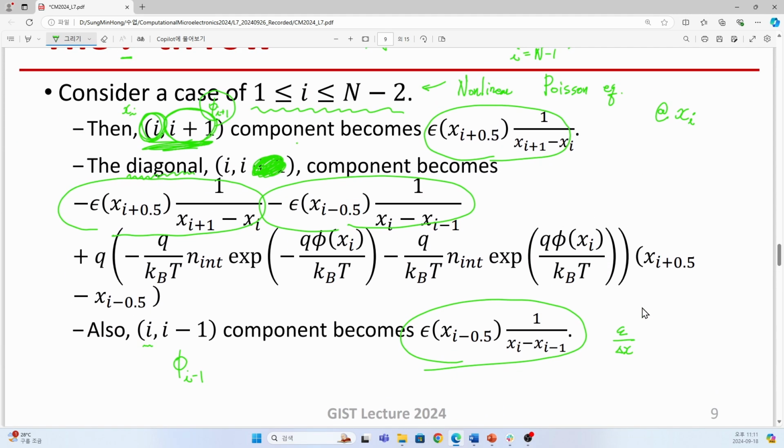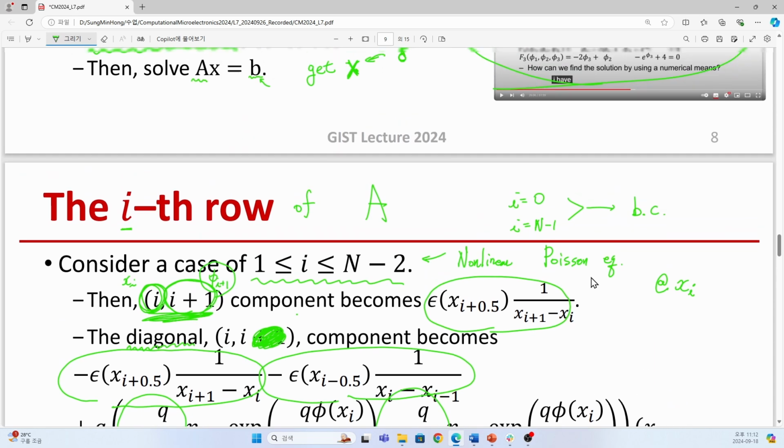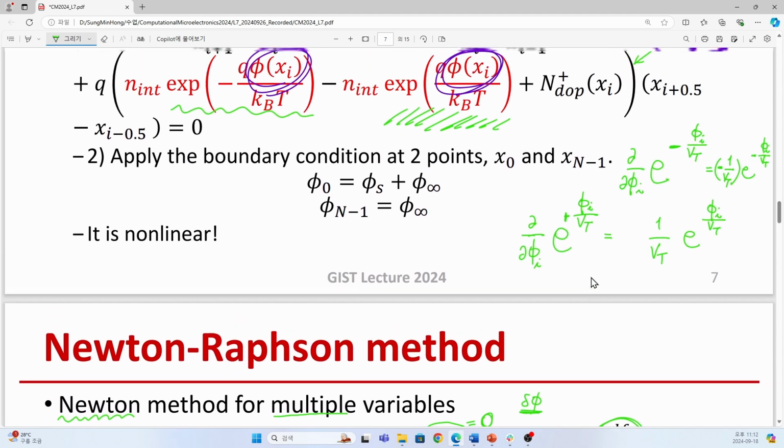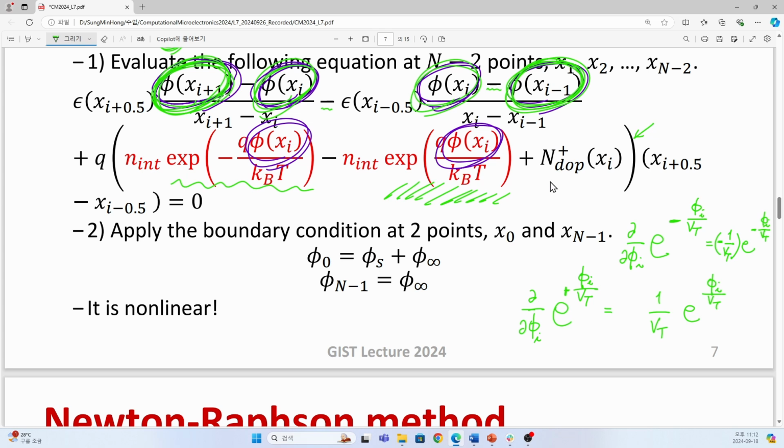So when we do it correctly, we can find this form with the hole density and this form with the electron density. Of course, previously we had the doping density as a form of doping. However, this one is a given constant at a given position.